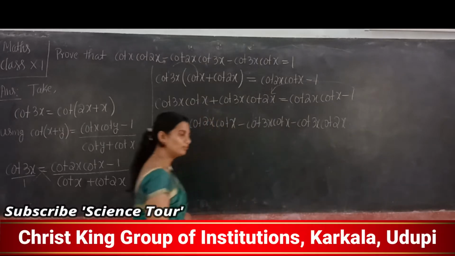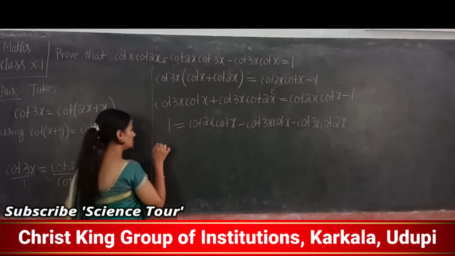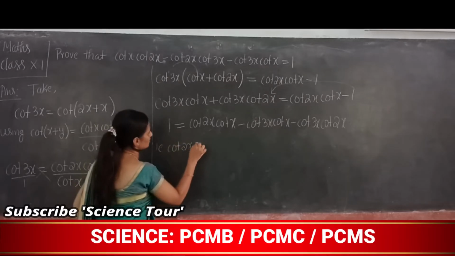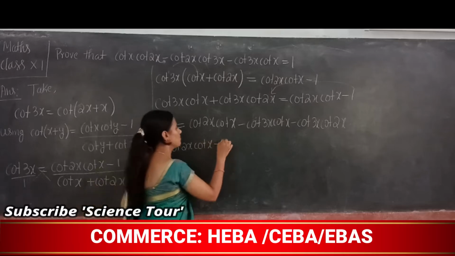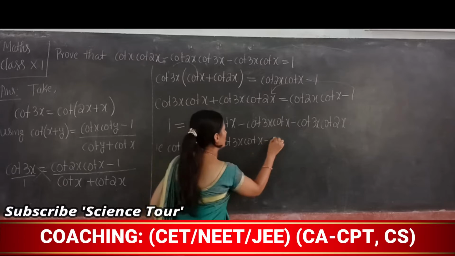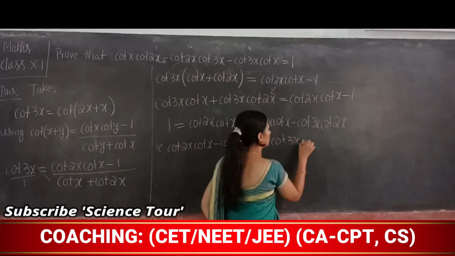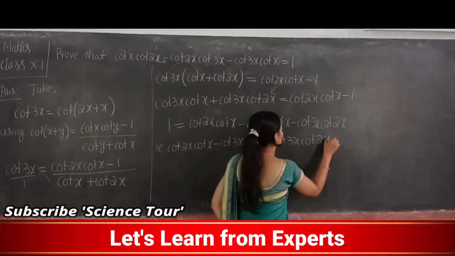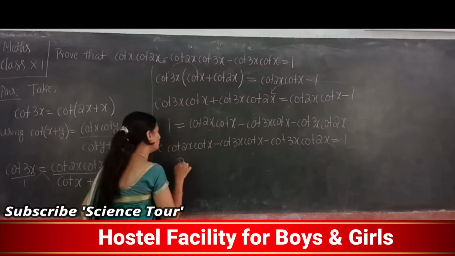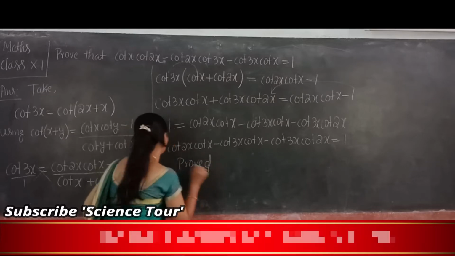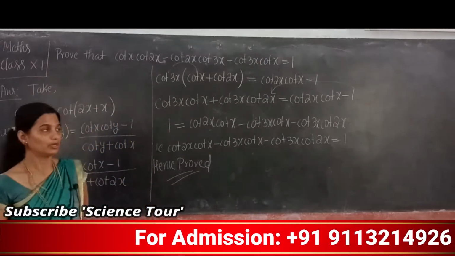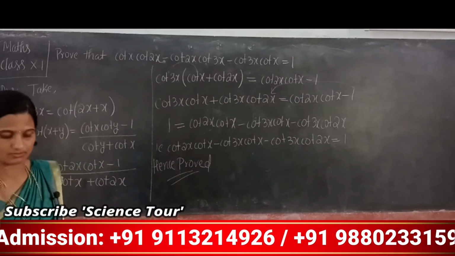So just rearranged, it is cot 2x cot x minus cot 3x cot x minus cot 3x cot 2x, which is equal to 1. So LHS is proved, and hence it is proved. Important for 3 marks.